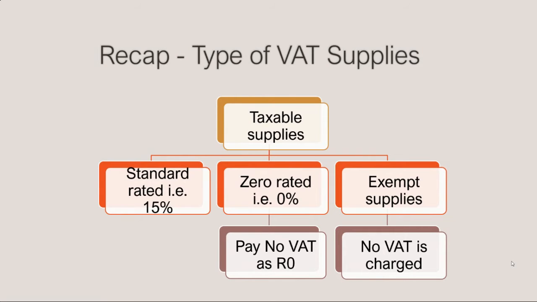Exempt supplies, on the other hand, are specific items where no VAT is charged because they do not necessarily meet the definition of an enterprise, or it is not the supply of goods or services, and normally other forms of taxes are levied on those.